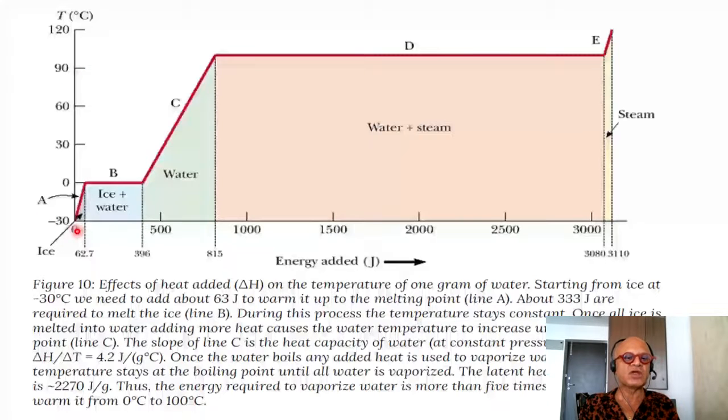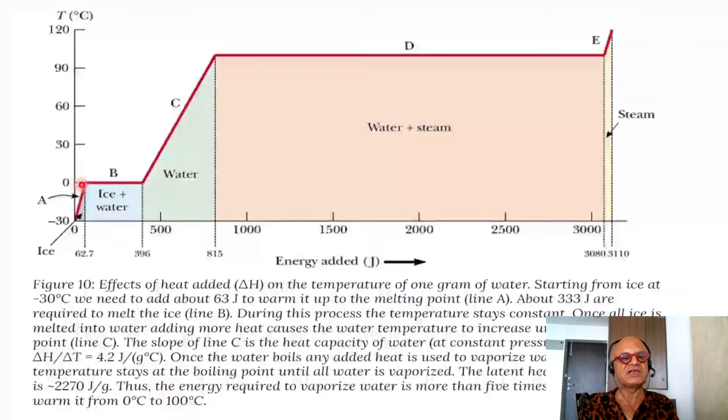If you start with ice at 0 degrees centigrade, then you add the energy needed to melt the ice, so the effects of heat added, delta H, on the temperature of 1 gram of water. Starting from ice at minus 30 degrees centigrade here, we need to add about 63 joules to warm it up to the melting point.